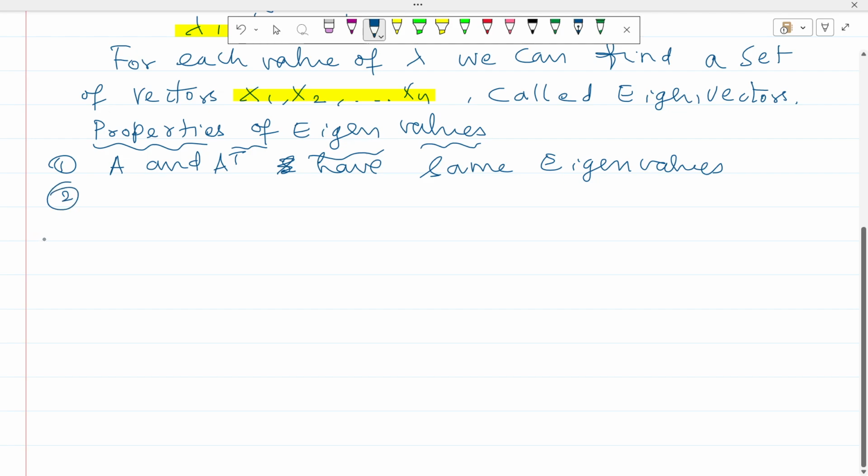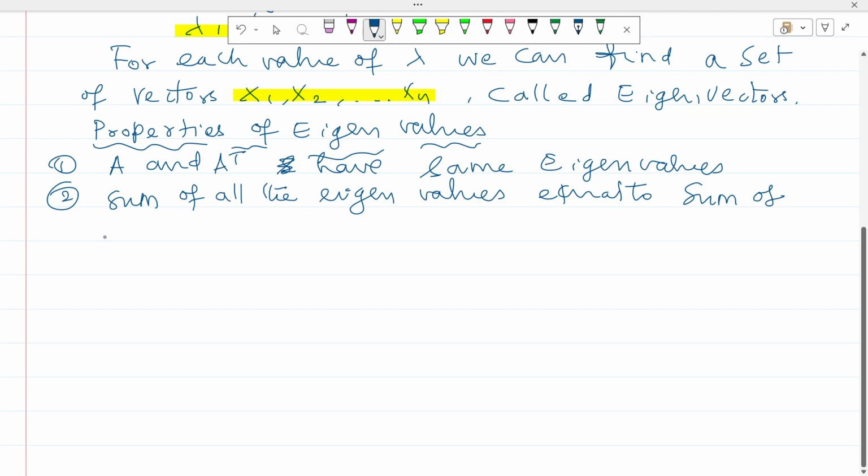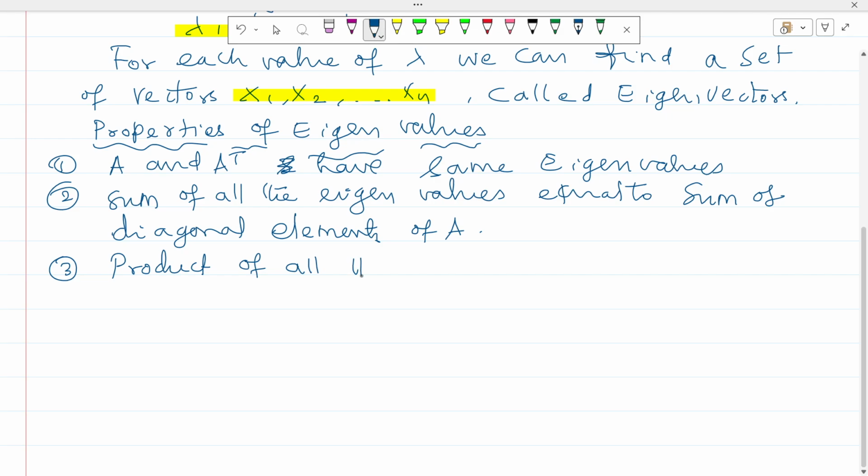Second property is that the sum of all the eigenvalues equals the sum of the diagonal elements of A. Third property is that the product of all the eigenvalues is equal to the determinant of A.